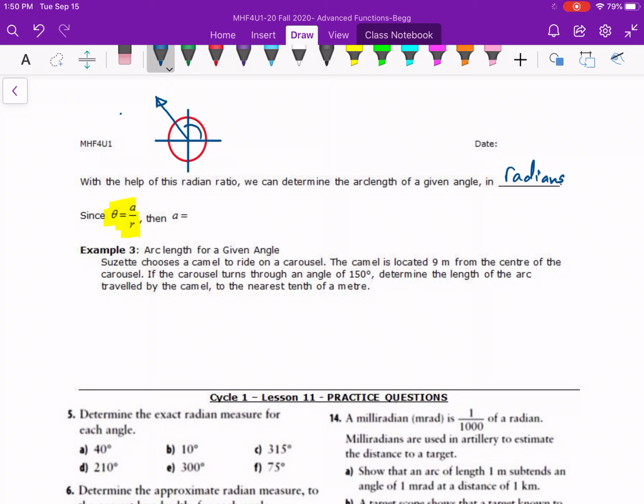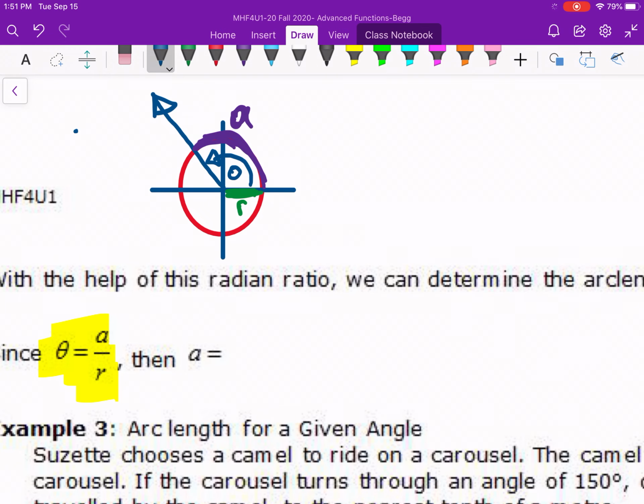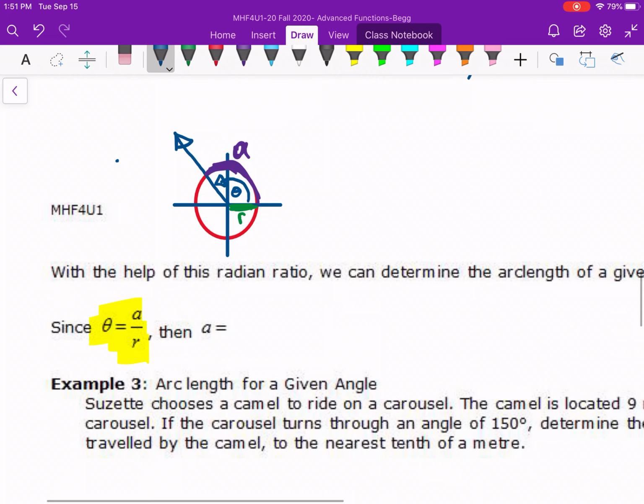And we have the radius, which I've drawn as a green line represented by R. And we've got the arc length, which is going to be this whole thing here I'm doing in purple. That's A for arc length. I should move this theta because it's kind of confusing where it is, and squeeze it in here instead. So the angle theta is equal to the arc length divided by the radius. So that's our basic formula.